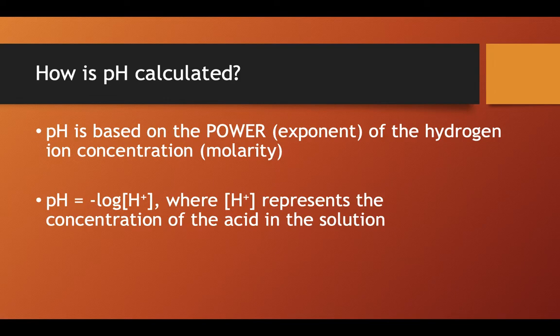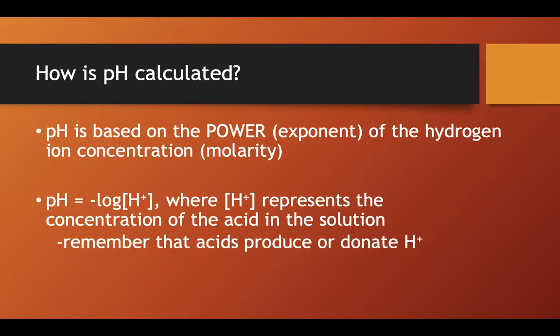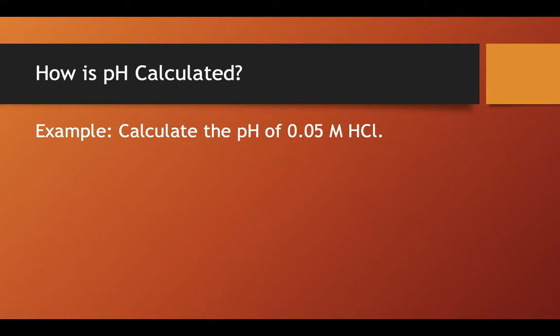If you have the concentration of the acid, all you do is hit the negative button, hit the log button, and then type in the molarity of the acid that's given to you. Once you hit enter, that will calculate the pH of that substance. Remember that acids are the ones producing or donating hydrogen ions, so we use the concentration of acids to do pH calculations.